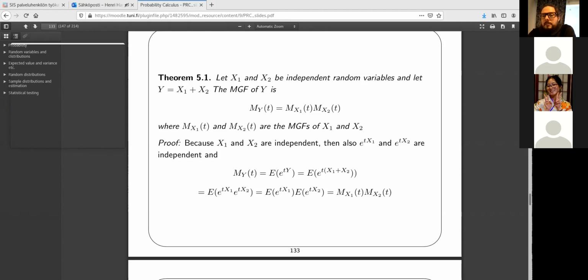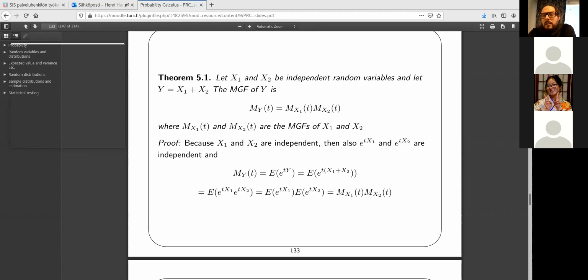Because they're independent, any functions thereof are independent. So e to the t x1 and e to the t x2 are independent, and because the moment generating function of y is the expected value of e to the ty, we can express this as the expected value of the product of e to the tx1 and e to the tx2, and those two functions being independent gives us that this is the product of the moment generating functions.